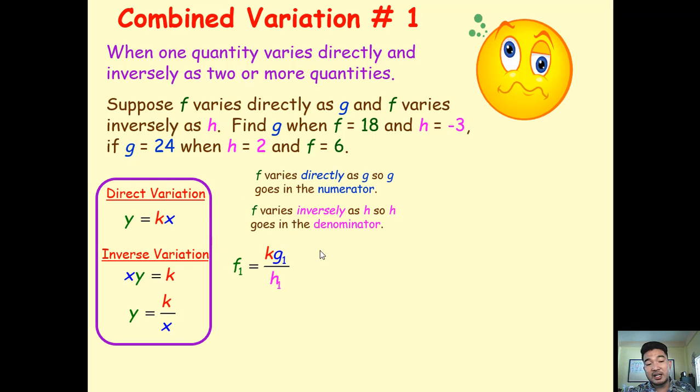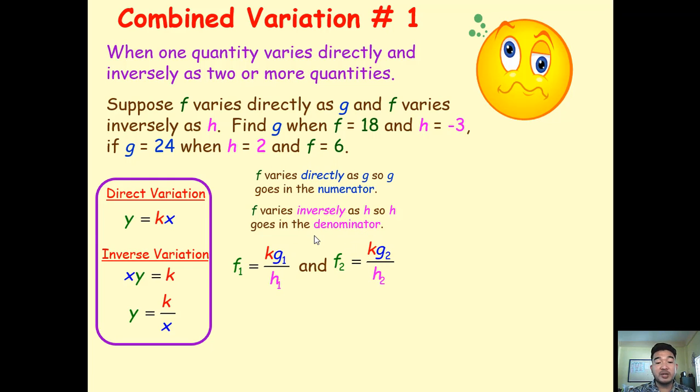So that is what I said earlier, f is equal to k times g divided by h. Because it says f varies directly as g, so f equals k times g. And inversely as h, so divided by h. So, this is our equation.